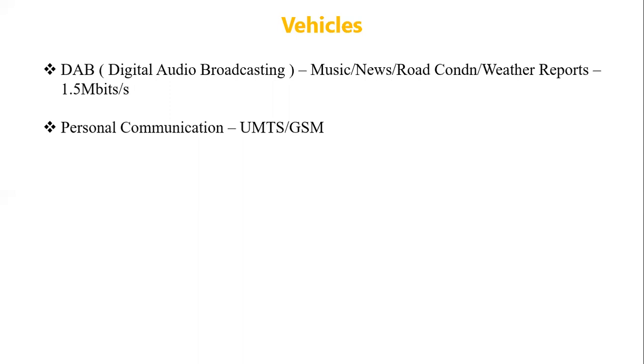And inside the vehicles, the customer may use UMTS or GSM for personal communication. UMTS stands for Universal Mobile Telecommunication System, and GSM stands for Global System for Mobile Communication. And for remote communication, the vehicles may use satellite communication.